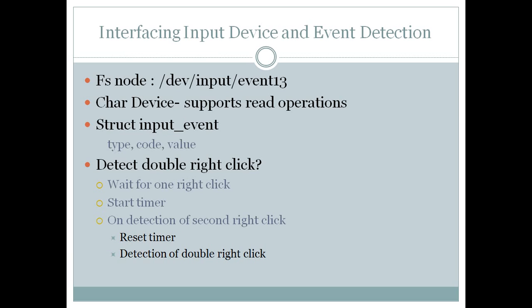If I want to detect a double right click, I'll wait for one right click, then start a timer, and on detection of the consecutive right click, I will compare the timestamp and decide whether to reset the timer or detect a double right click.